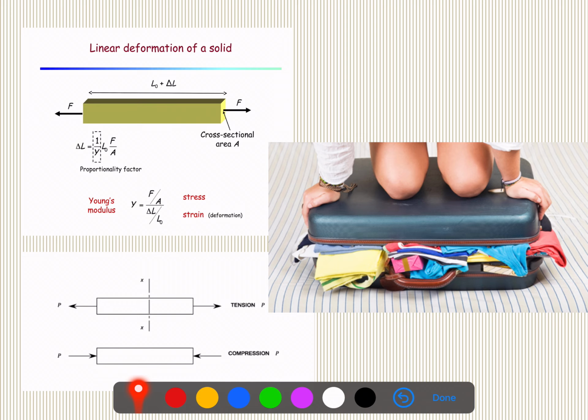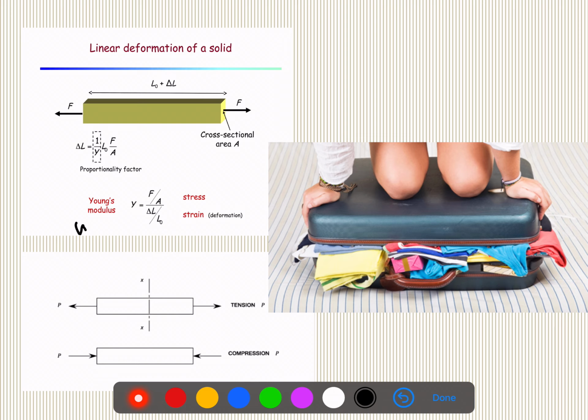For this kind of linear deformation of a solid, what we're doing is we're applying a stress over a strain, where we apply some sort of tension force per area over some length change compared to the original length. Okay, so this, just like in Hooke's law, is a constant, except that my units are a little different here. This is going to be units of pascals.